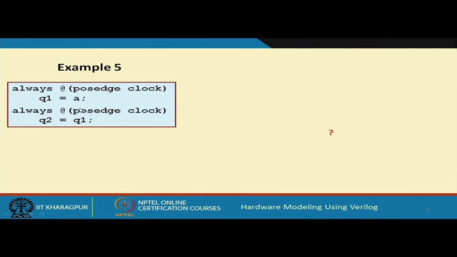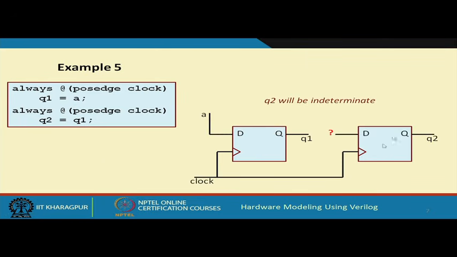Now you see what will happen. Q1 will go to Q2 is fine, but A will be going to Q1. In terms of the hardware, the first statement says A will go to Q1, the second statement says Q1 will go to Q2, both at the positive edge.